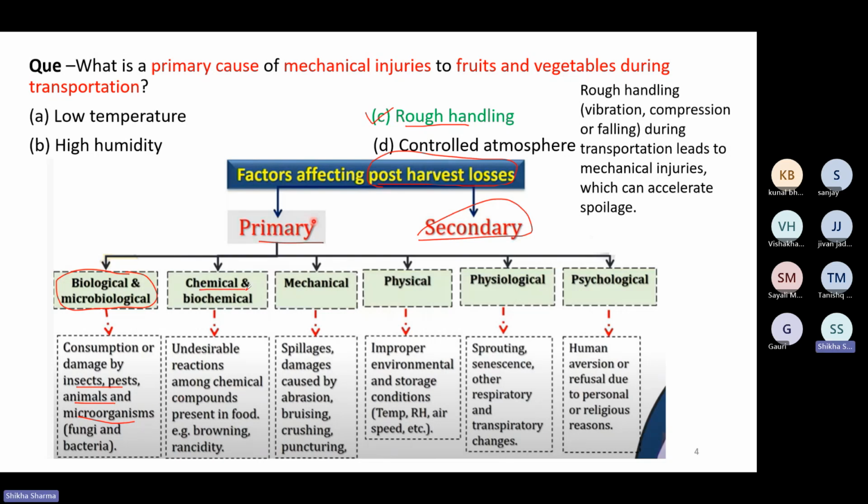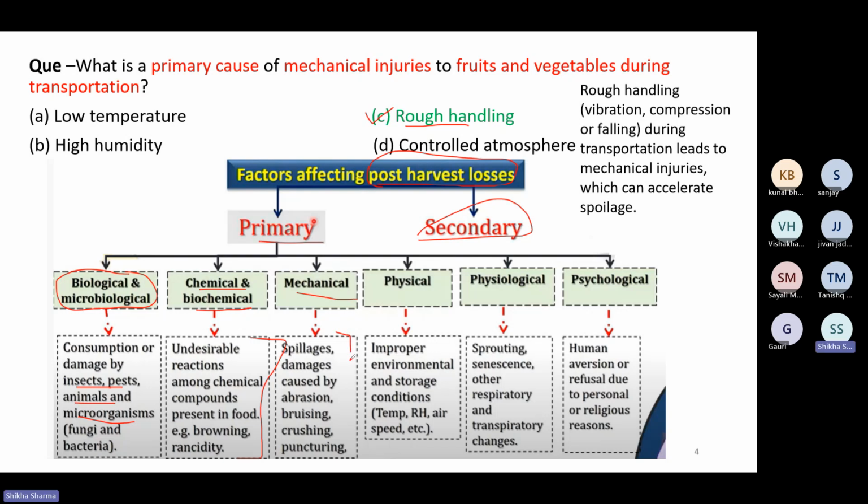The second primary factor is chemical and biochemical, which means there can be undesirable reactions among chemical compounds present in food, like browning or rancidity. The third factor is mechanical.